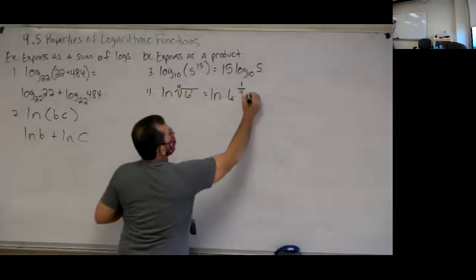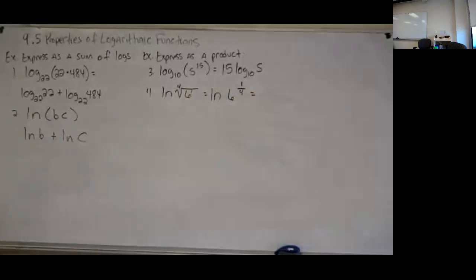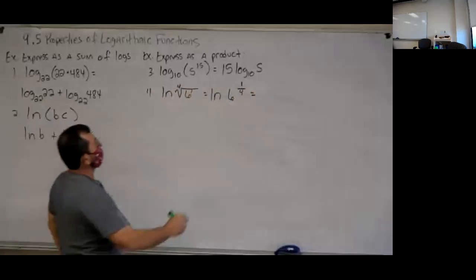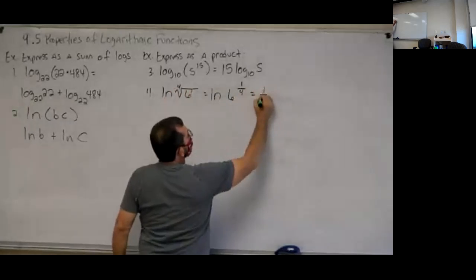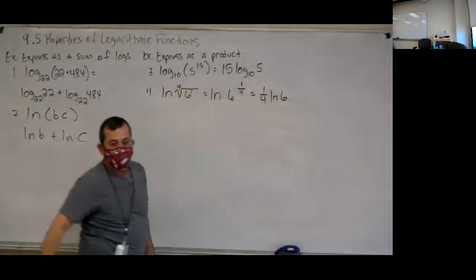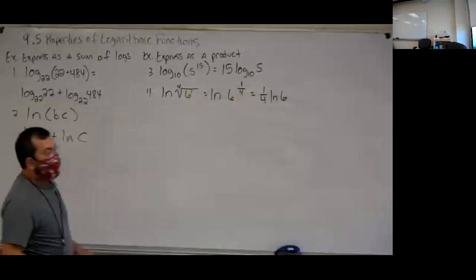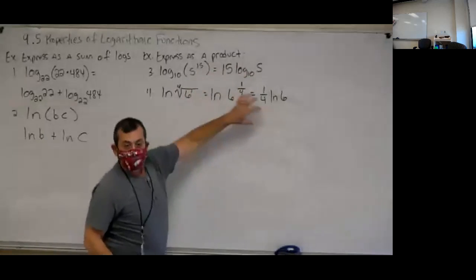So now I've rewritten the radical. Now, to finish this out and rewrite it as a product, I need to take that 1/4 and bring it down to the front so that this becomes 1/4 times the ln of a 6. Okay? And so you'll do that every time you've got exponents, you want to bring them down. Okay?